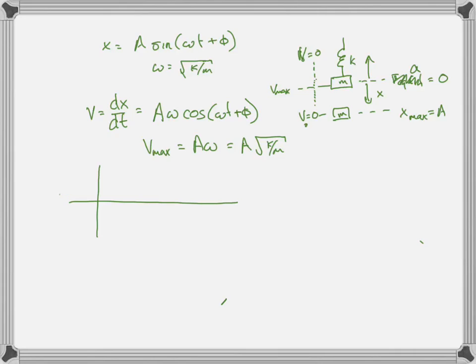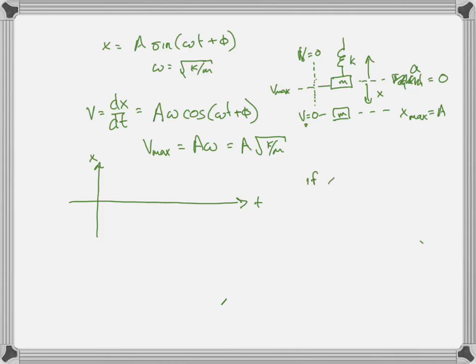So the position x versus t. Let's start t equals 0 when we're a maximum away. Nope, sorry. Let's just say that we have the mass oscillating on the spring, and we can start t equals 0 wherever we want, but for simplicity of the math, I'm going to start t equals 0 when x equals 0.